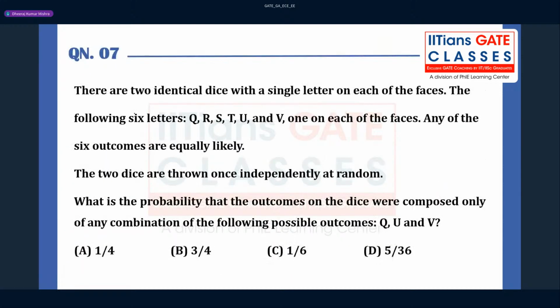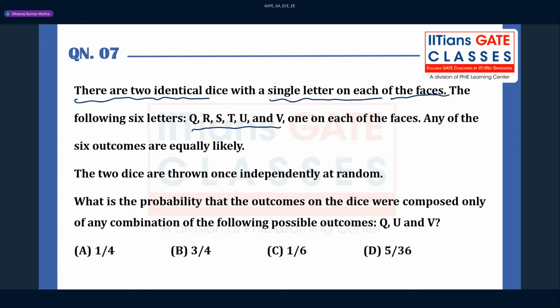Let us read this question, guys. There are 2 identical dice with a single letter on each face, like Q, R, S, T, U, V. These are the single faces they have given. Instead of writing 1 2 3 4 5 6, they have given letters Q, R, S, T, U, V. Only 6 letters, one on each of the faces.